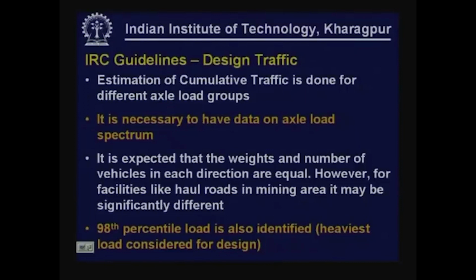It is necessary to have data on the axle load spectrum. We should be able to project the axle load spectrum that is going to be utilized in the facility: 0 to 2 tons, how many axles, 2 to 4 tons, how many axles. For the different axle load groups that we make, we should be able to project the corresponding frequency.